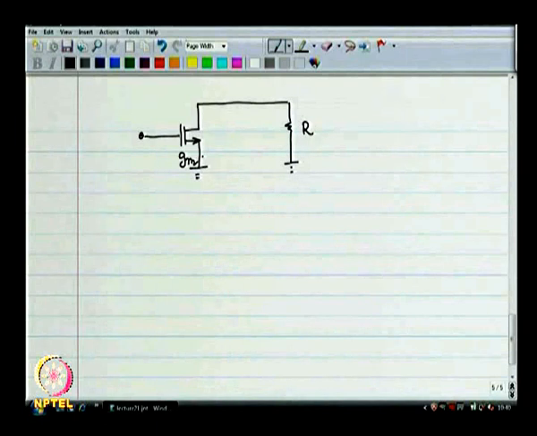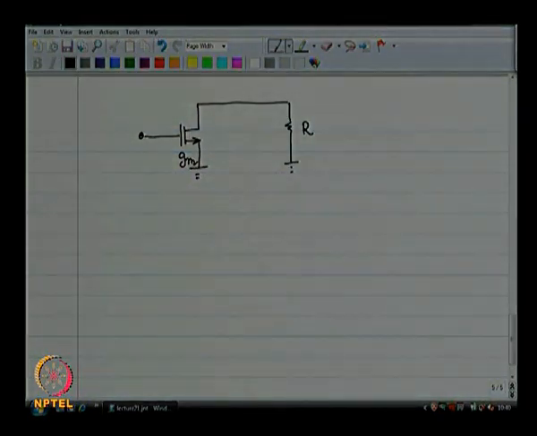MOSFET is in strong inversion and saturation. Okay. Does RDS produce noise? Is RDS a noisy resistor? No. Okay, RDS does not produce noise.